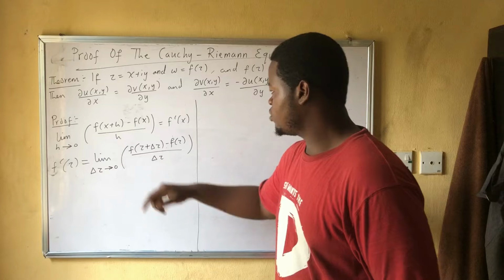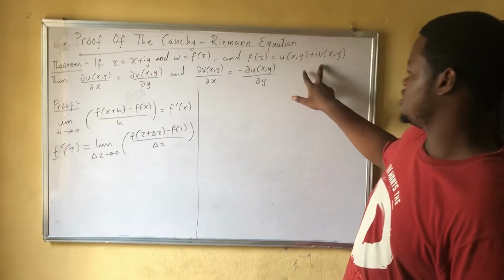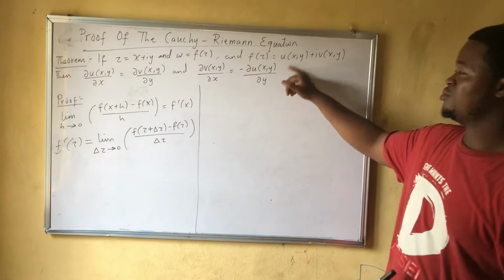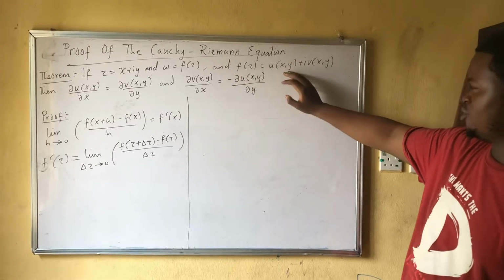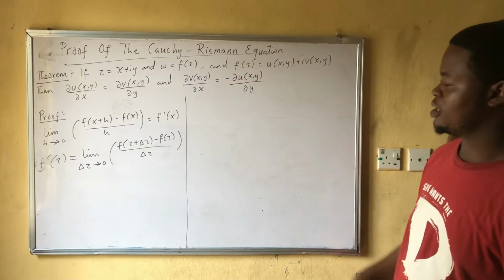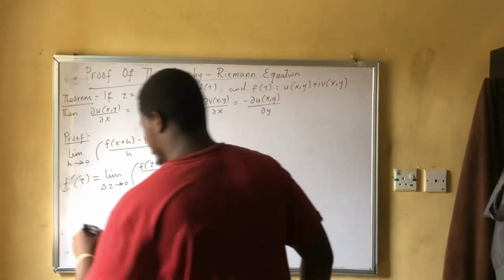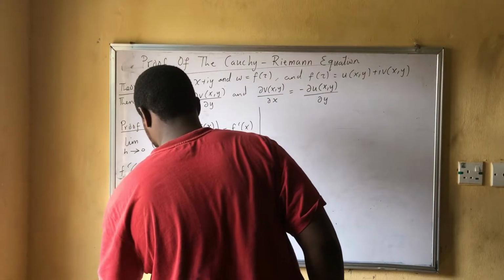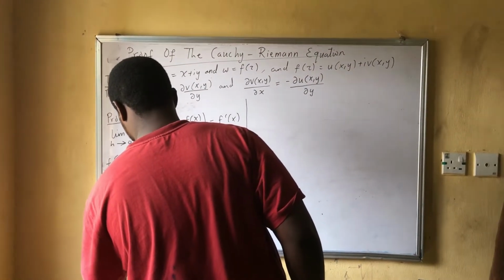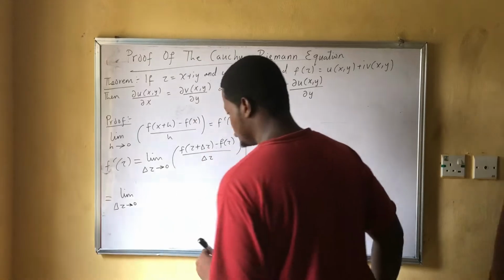Now we all know by definition that f of z is a function containing a real part and an imaginary part. So we do the same thing here.